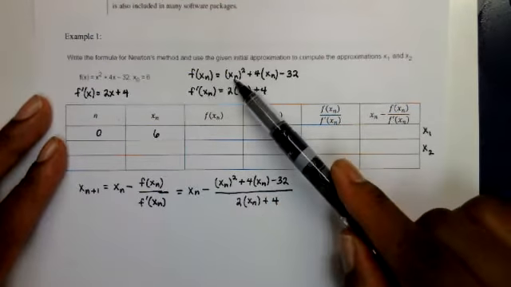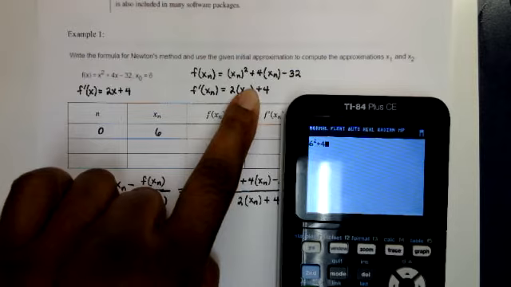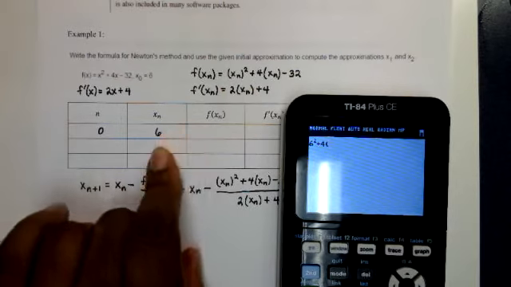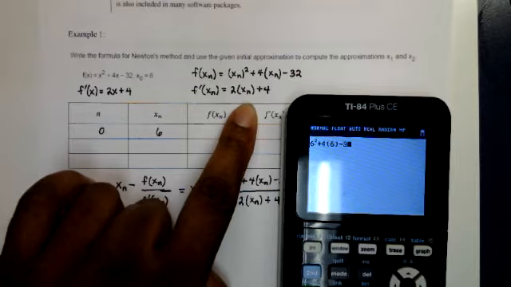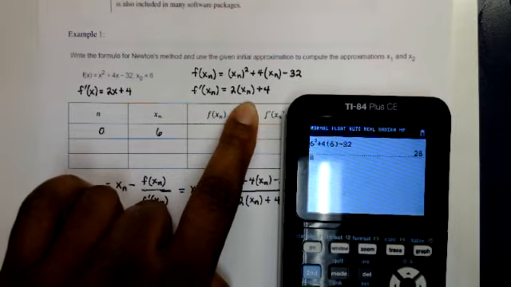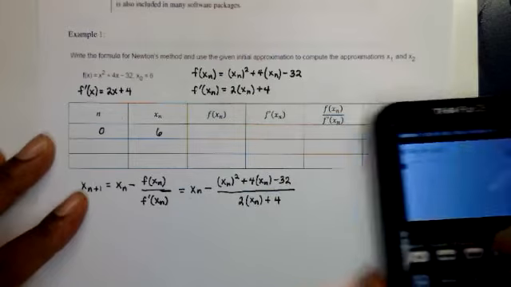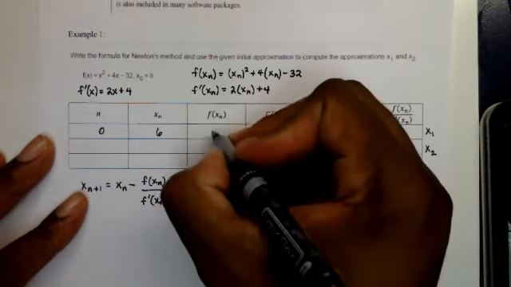All right, x is 6, so in f of x sub n, this will be 6 squared plus 4 times x sub n, that's 6, close parentheses, minus 32. Hit enter. That would give you 28. So that 28 goes in this box here.